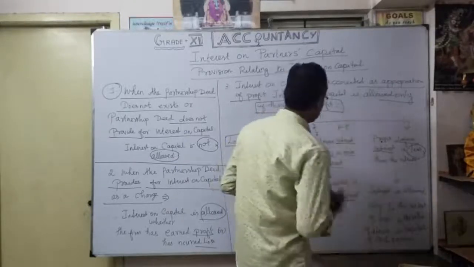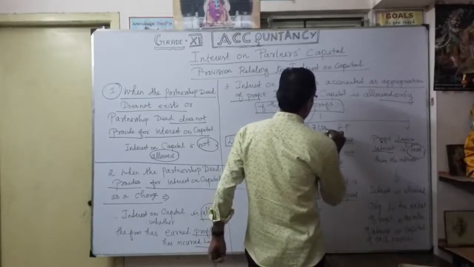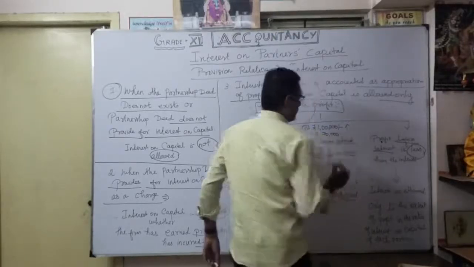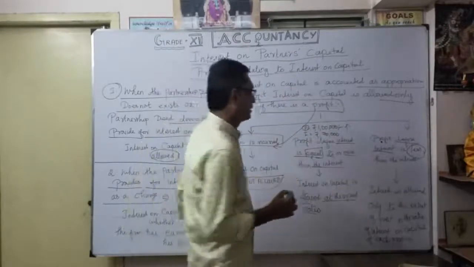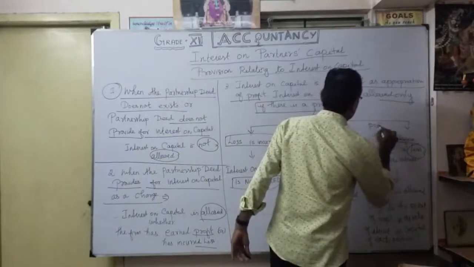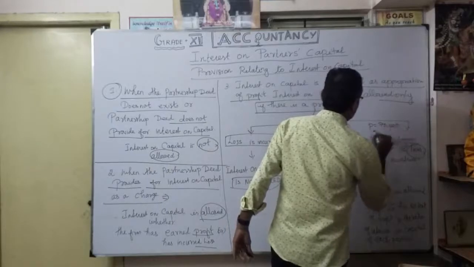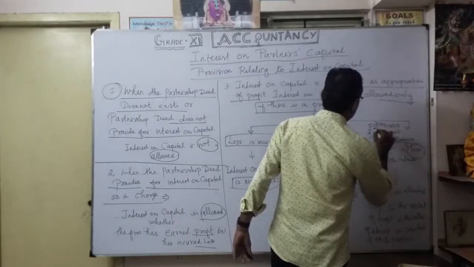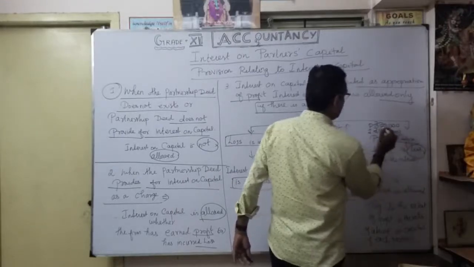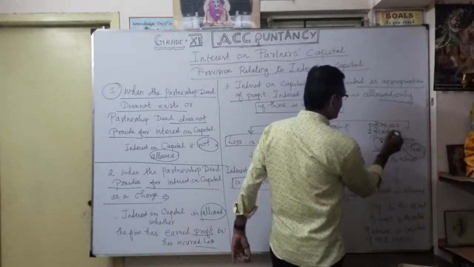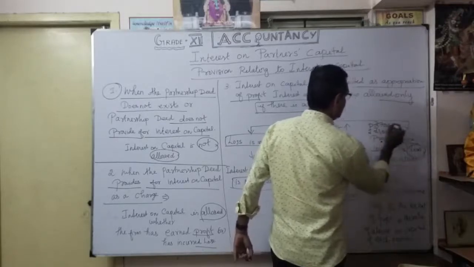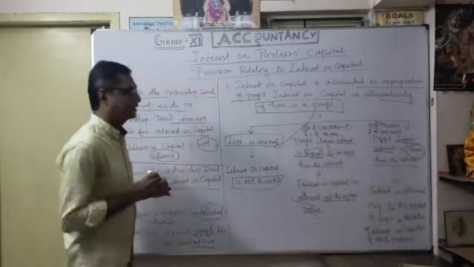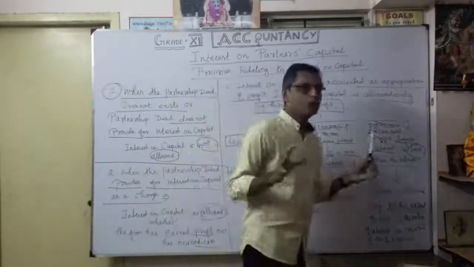Earlier, profit was 1 lakh and interest 70,000. Now suppose the profit is just 70,000, but the interest we are supposed to pay is 1 lakh. So this is the situation: profit before interest is less than the interest. How are we going to charge?